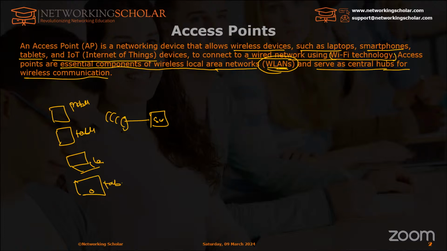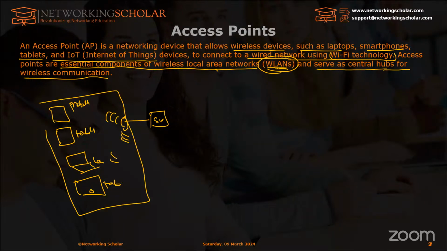This is why it is an essential device of the network, a hub that allows every device that supports wireless to connect. You can see a laptop can connect, and if we have an IoT device, like Alexa, it can also connect through Wi-Fi.